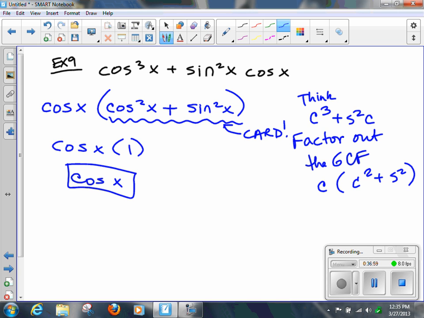Okay? That's a very good question. No, it would not be equal to 1, because the identity says cosine squared plus sine squared is equal to 1. And why? What's that based upon? The unit circle. That is the equation for the unit circle. So it has to be squared squared.